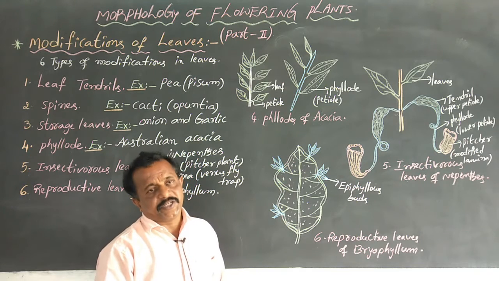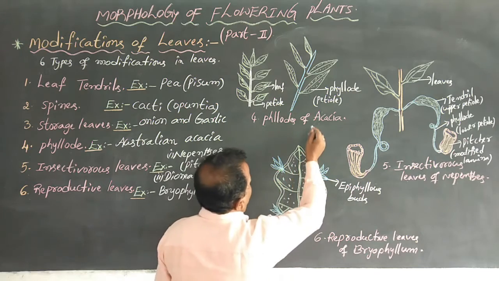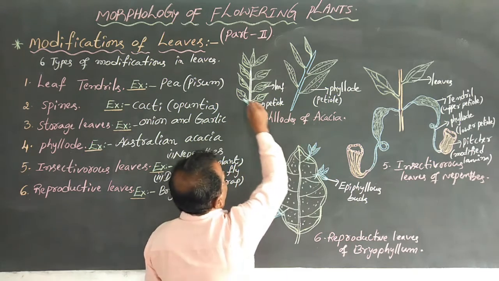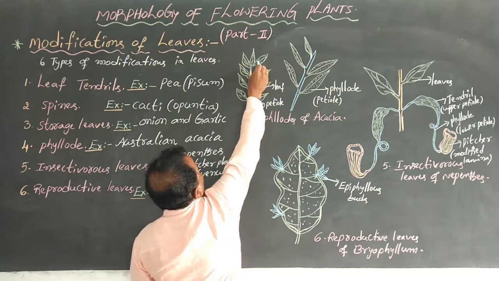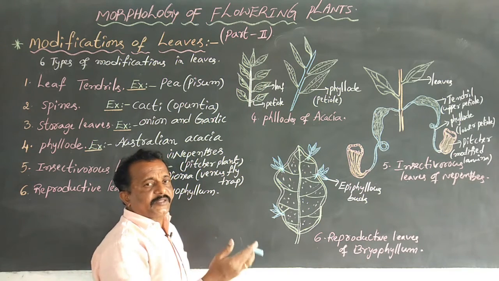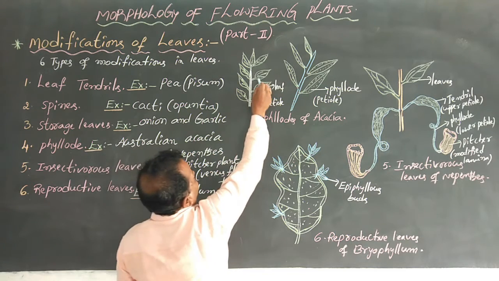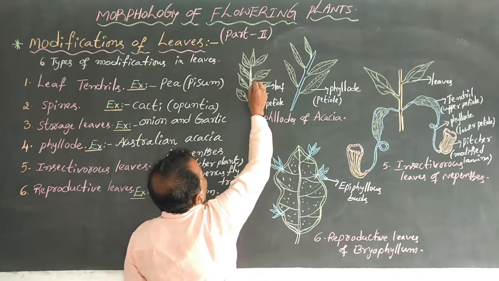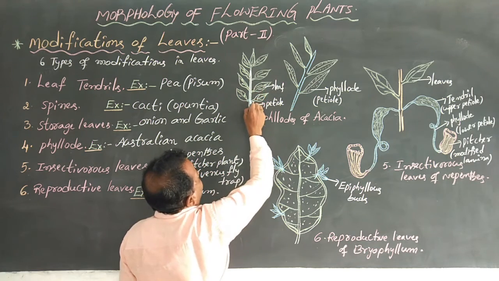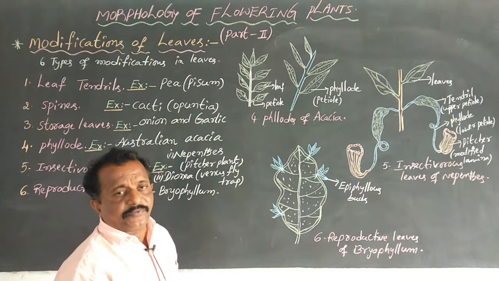Dear students, in Australian Acacia, the leaves are pinnately compound leaves. What is the meaning of pinnately compound leaves? When a number of leaflets are present on a common axis, called the rachis, it is a pinnately compound leaf.